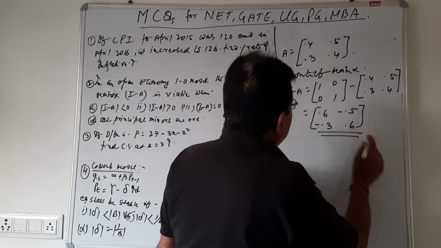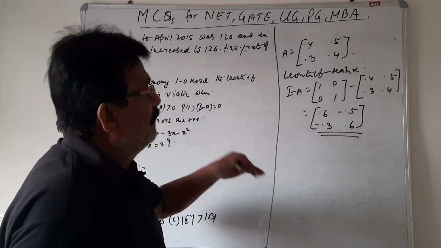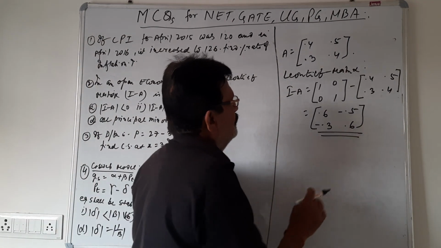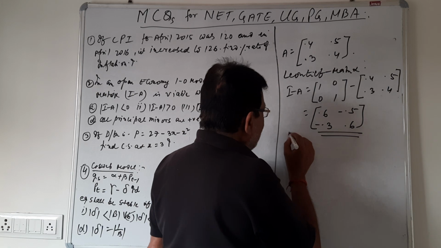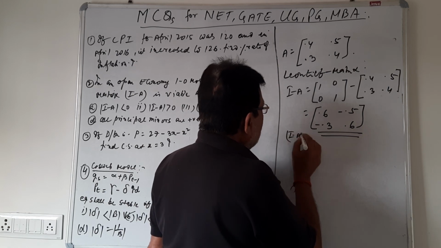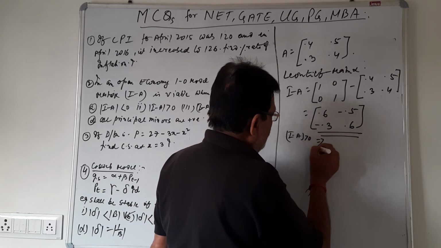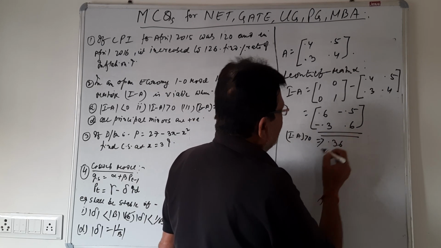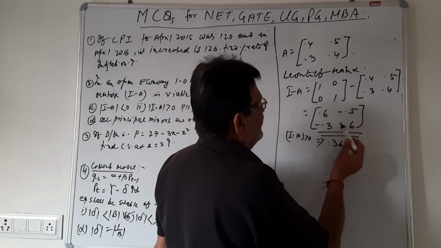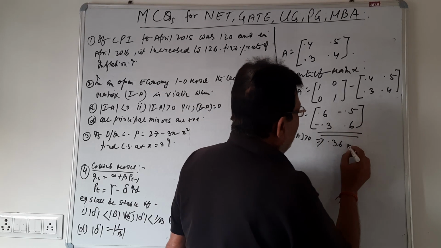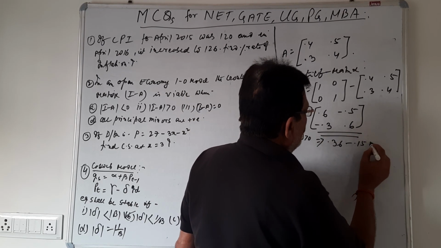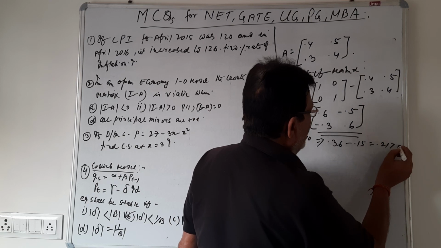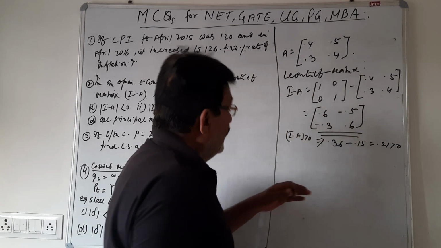Now this I minus A matrix would give the viable solution if it is positive. What is found here? 0.6 into 0.6 is 0.36, and then the 2 minuses, so once again minus 0.15, giving 0.21, positive, so it is viable.